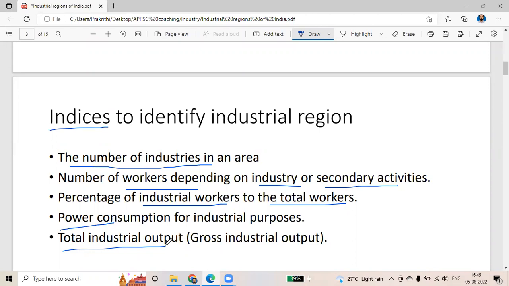Even if you look anywhere, you can see industries in many places, but we can't say this area is an industrial region.